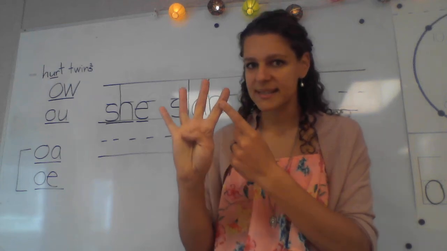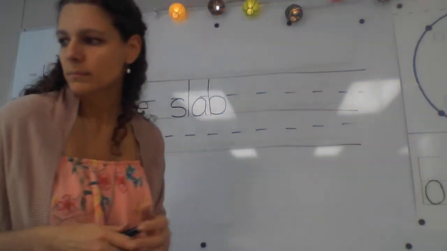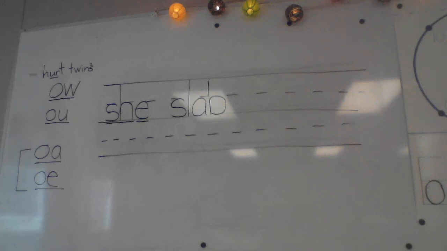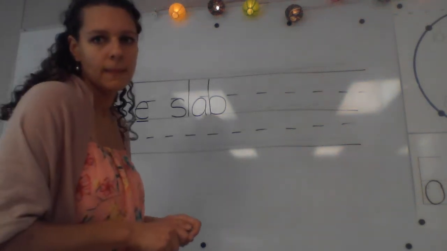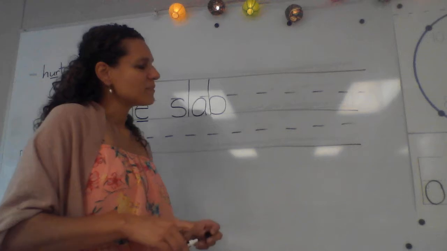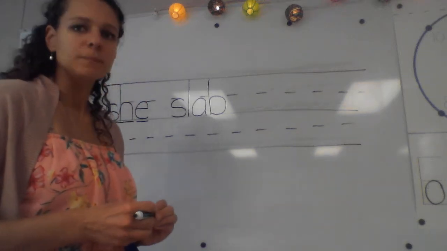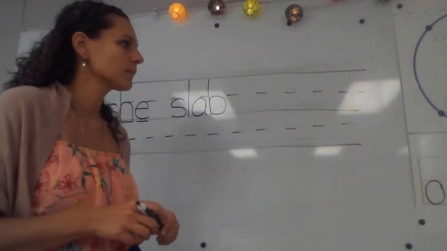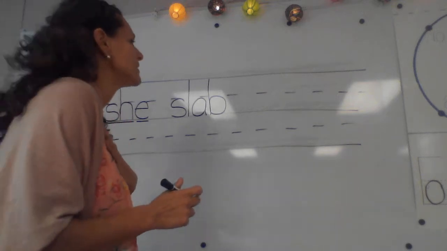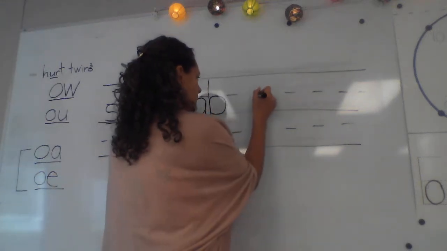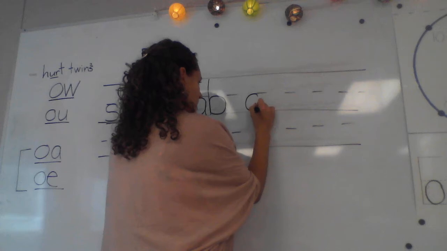Write those sounds and say them while you write them. All right, when you're finished, put your pencil down and tell me what I need to write to spell cute. Good.